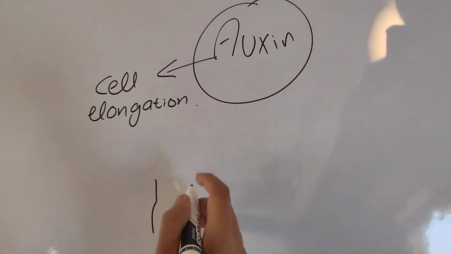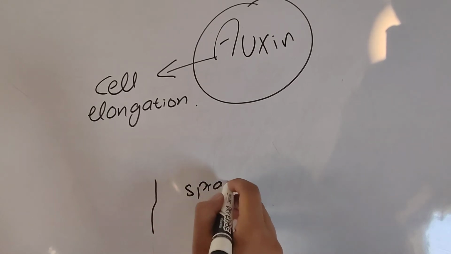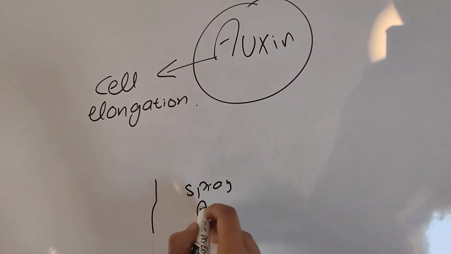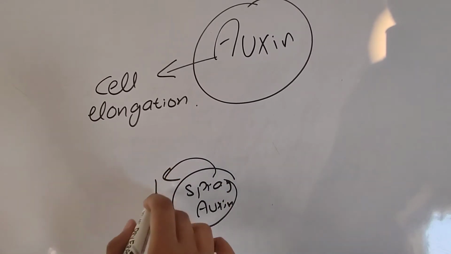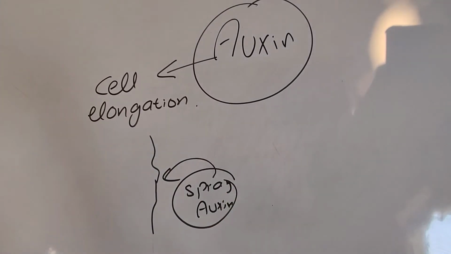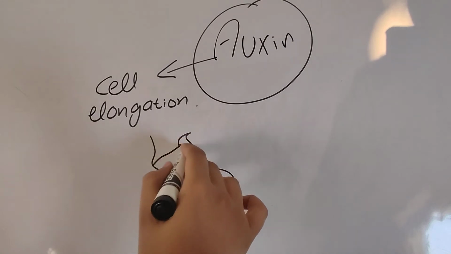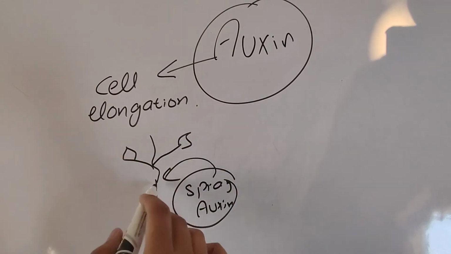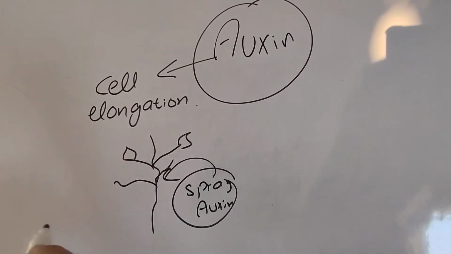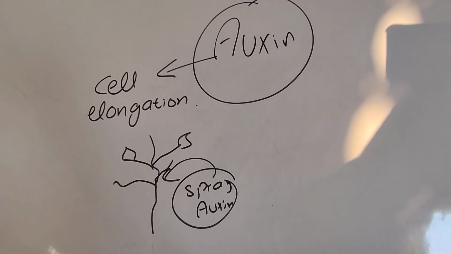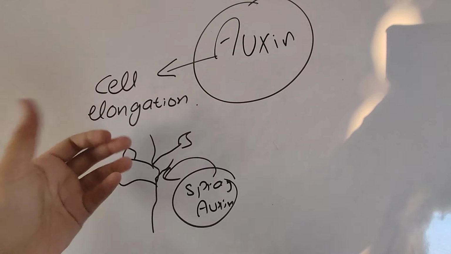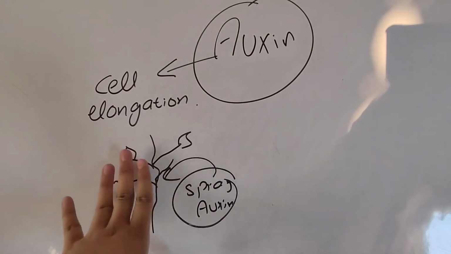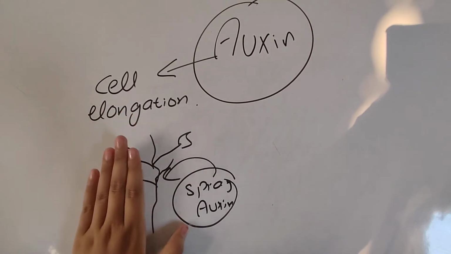When we spray auxin onto it, it will become much taller with broad leaves, with fruits as well, and its overall growth has increased just because of the spray of auxin which we applied.